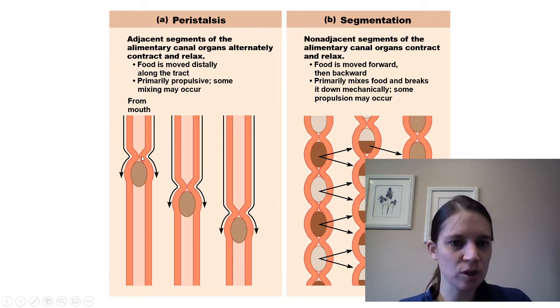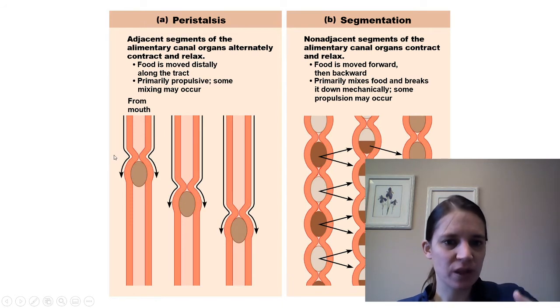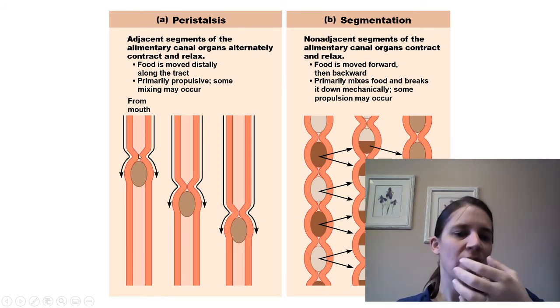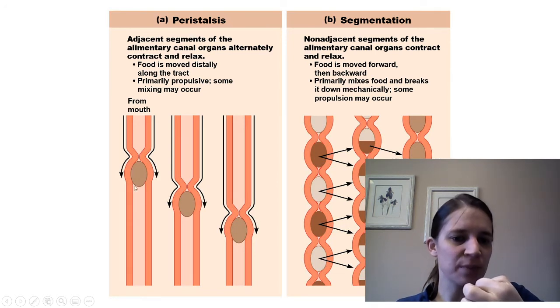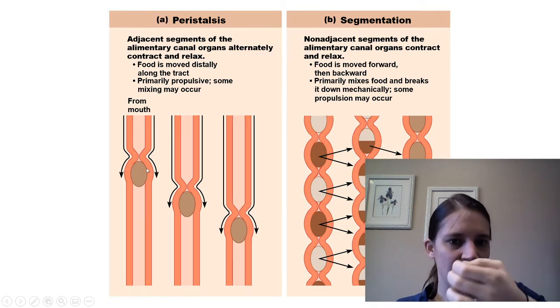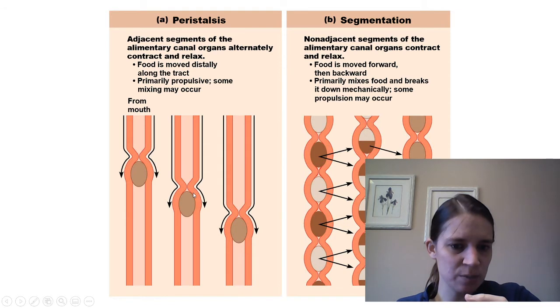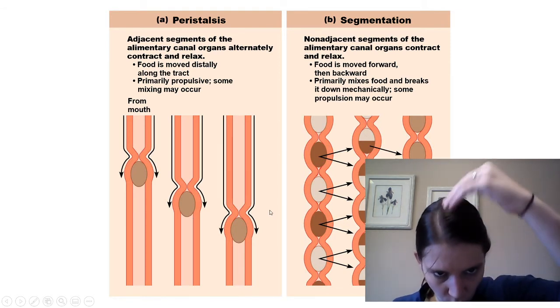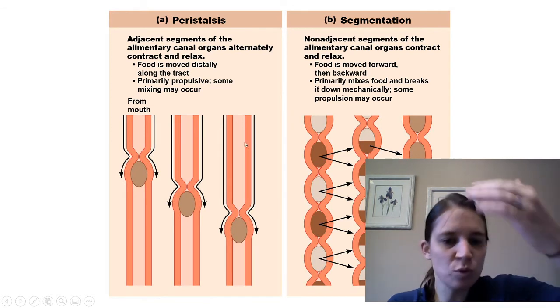Where you're going to be pushing, it's called a bolus, a blob of food, on. So you basically have the first part contract, and the next part relax. And then you contract this next part, and you relax this part, and it gets pushed along. It's moved distally along the tract.